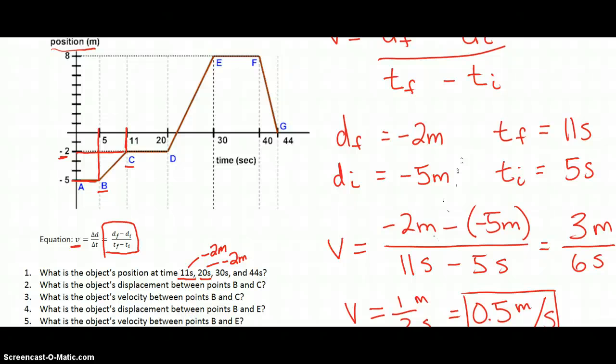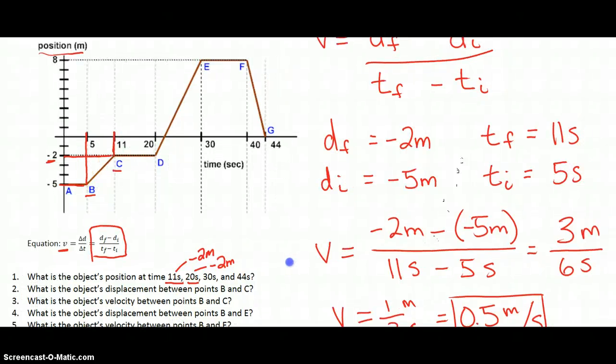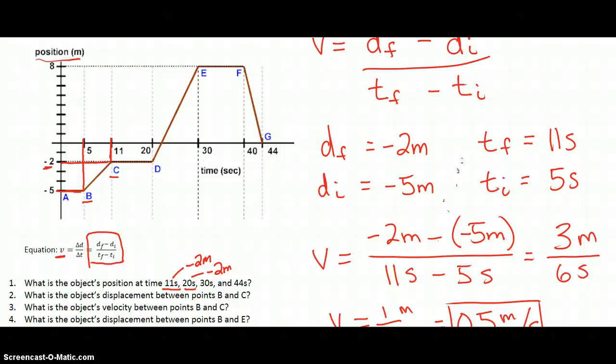I'm going to be doing the same thing for number 4 when I'm finding the object's displacement between points B and D. The difference being here is that now I want to find the displacement from this point B all the way up to point E. So this is going to be my start point.